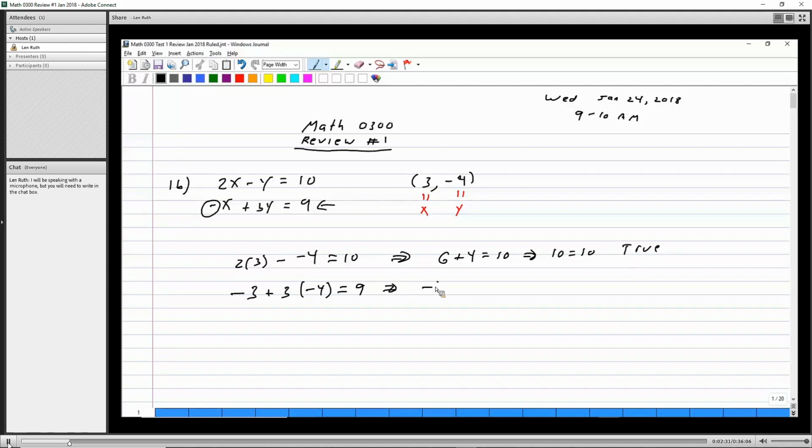You have negative 3, and then the 3 times minus 4, you could write that as minus 12, equals 9. I don't even have to simplify. Clearly that's not true. This is false. If one or both equations is false, it is not a solution. So it looked like it was at first, but it's not. So this is something you can do at the end of problems to check and see if your answer is right or not.